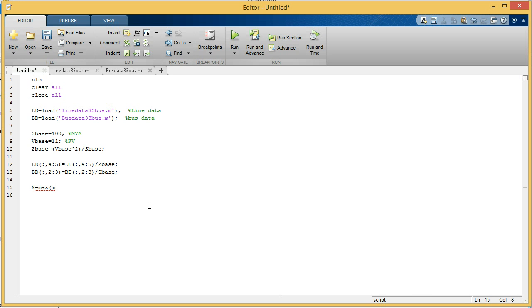We write it like this: the maximum of LD in the second or the third column, because those were the columns where we wrote the numbers of our buses, defining each line as connected from which bus to which bus. And I think that's all.